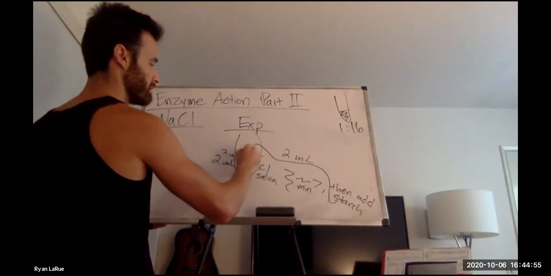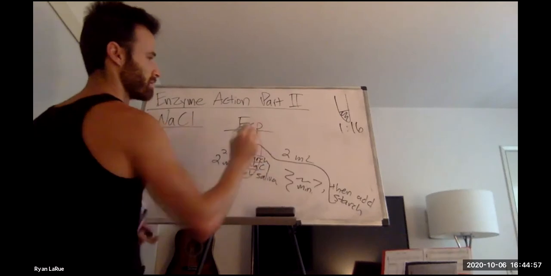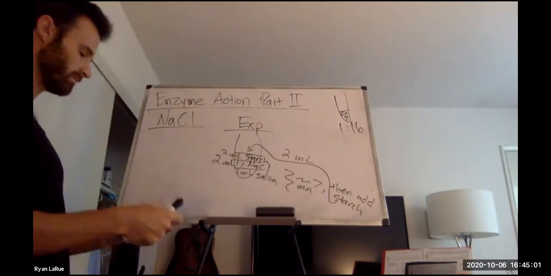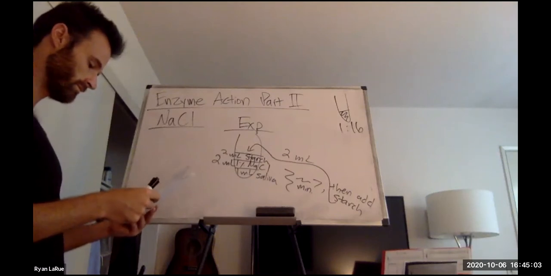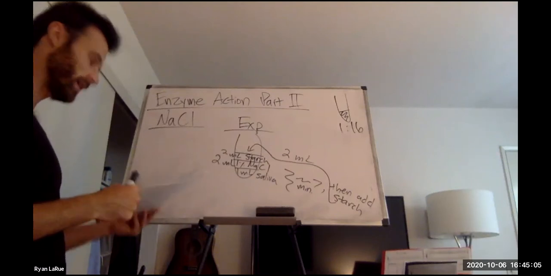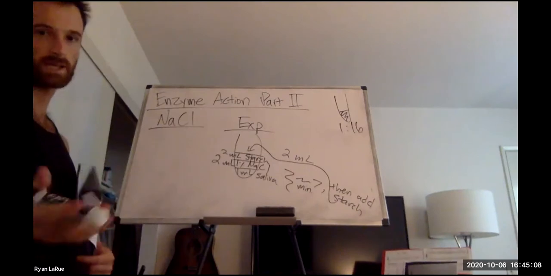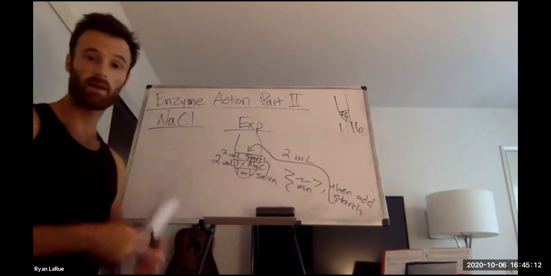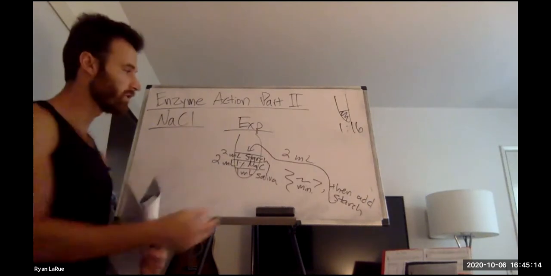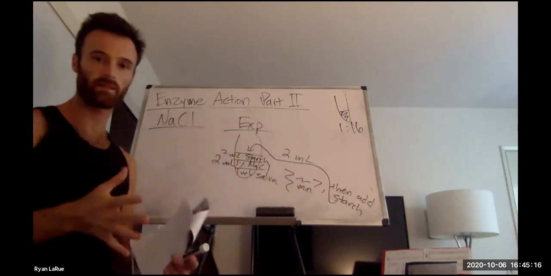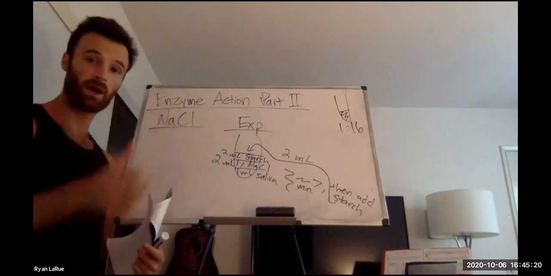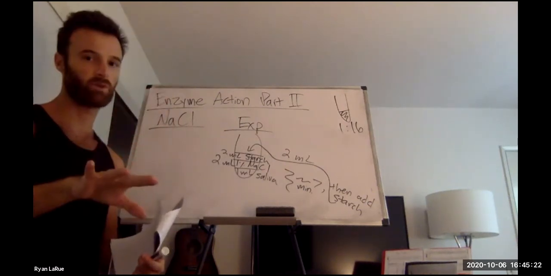So 2 milliliters of starch. And then, as we learned last week, as soon as the starch and enzyme are in contact, that reaction is going to start happening. So right after you do it, you got to wait 30 seconds, right? And then do your pipetting, same as last week, same sort of thing.